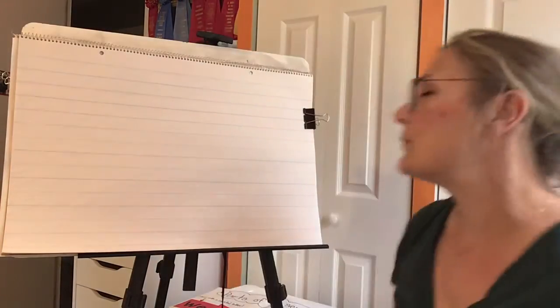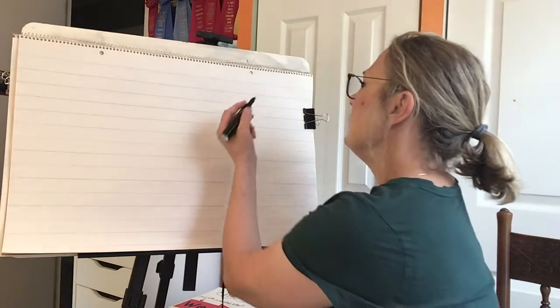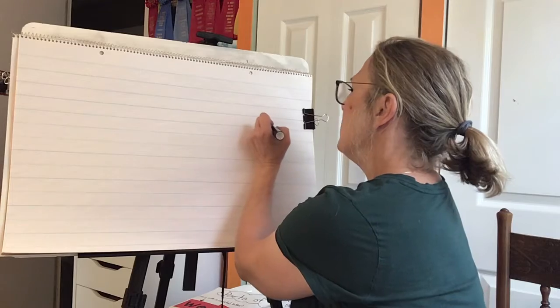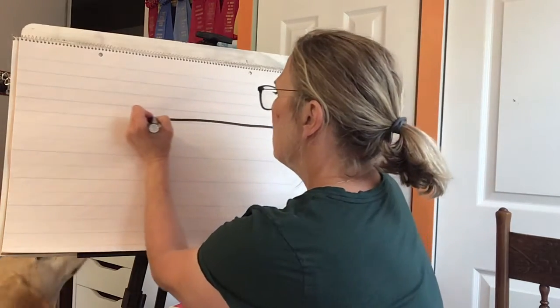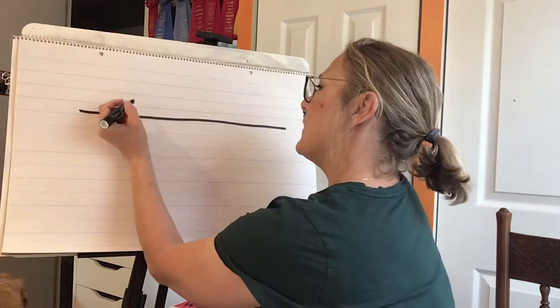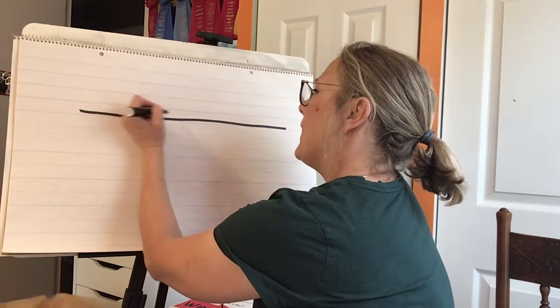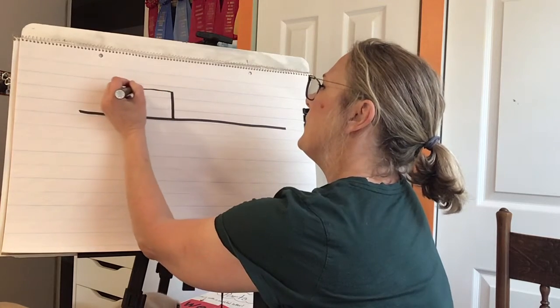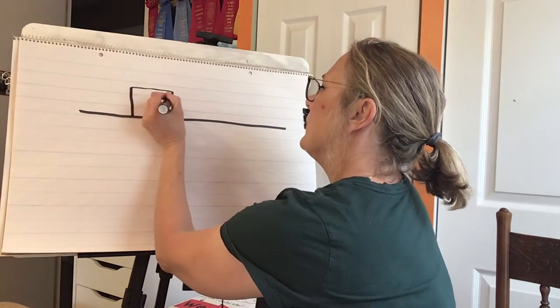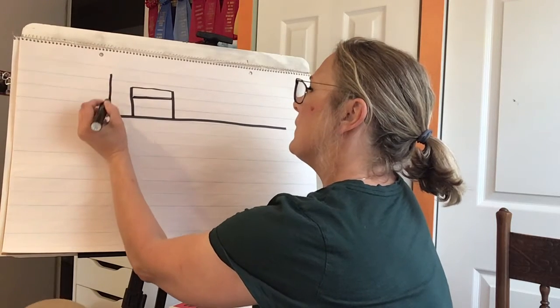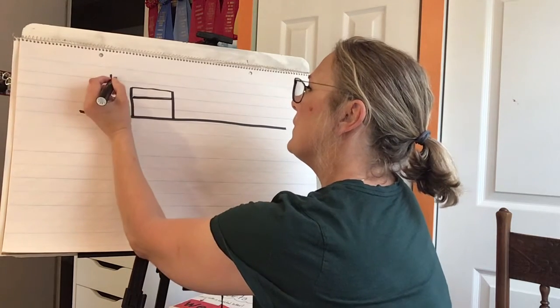So see, here is the floor. Like even right now, he's sitting right next to me. And I think I'm going to draw me sitting at the table. There's the table. And here's my chair.